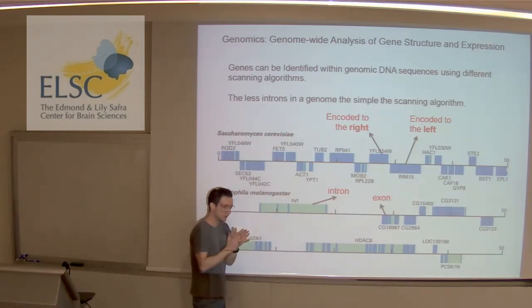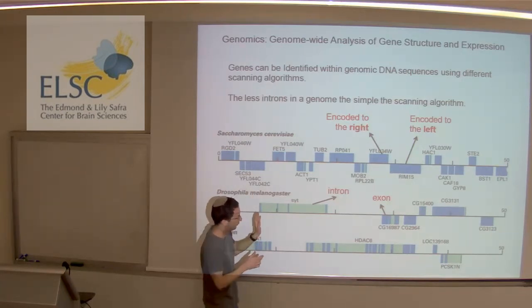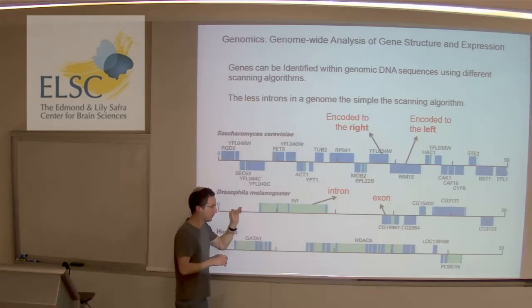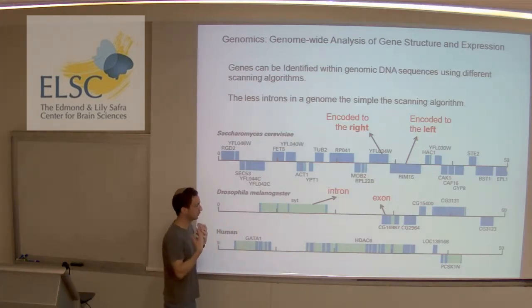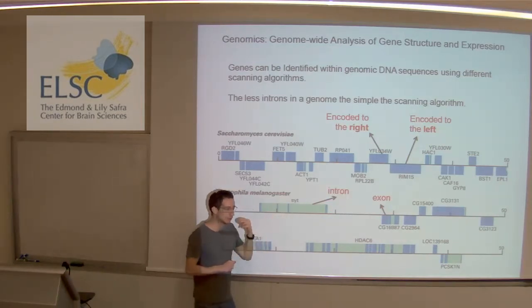But we learned that almost all around nature we have introns and exons, but the presence of introns is much more robust in higher animals such as Drosophila, the fruit fly, and humans. So these genes, as you recall, have introns inside them. And these are regions that do not code for a protein.